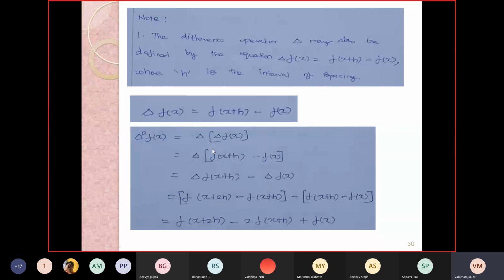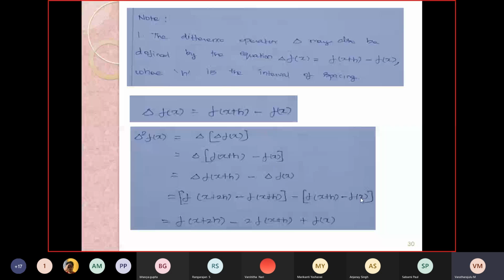Instead of f of x we can write f of x plus h minus f of x, but for delta f of x plus h, that is f of x plus 2h minus f of x plus h, minus, as I said earlier, instead of delta f of x, we are going to apply f of x plus h minus f of x.